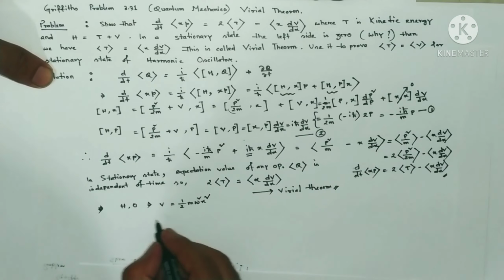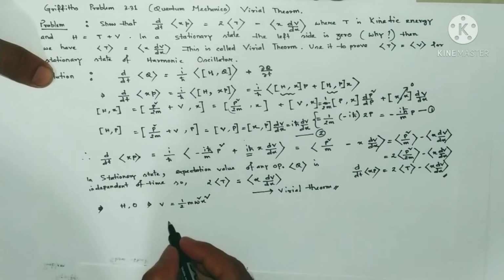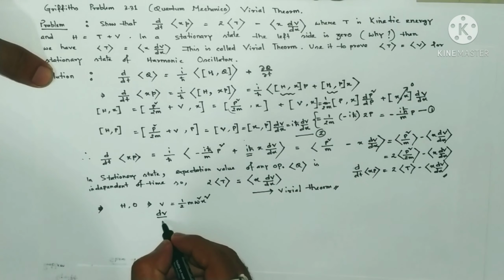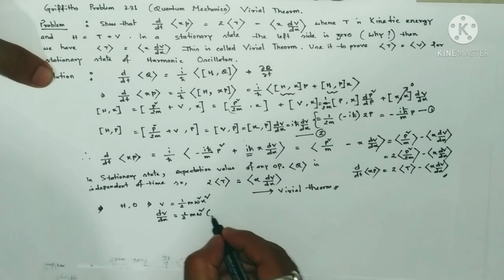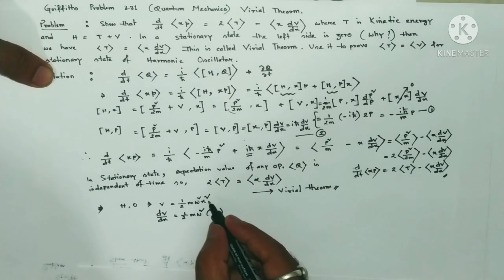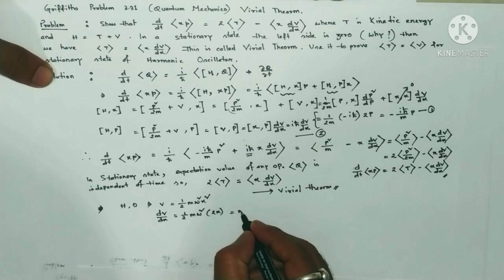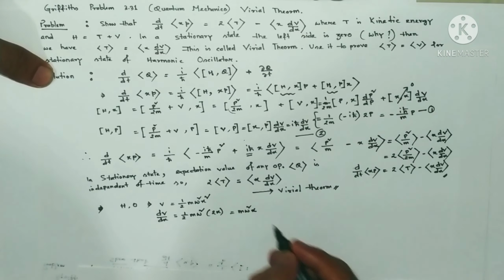Then we can find dv dx. So if we find dv dx, we get half m omega square, there will be 2x, the differentiation of x square, and we will be left with m omega square x.